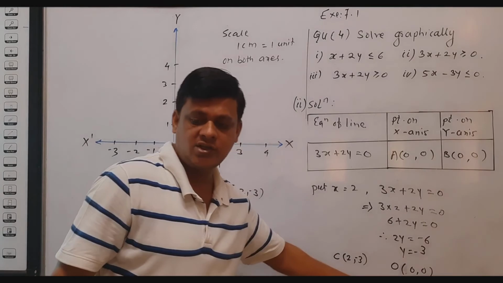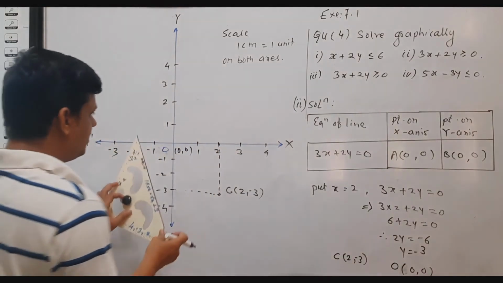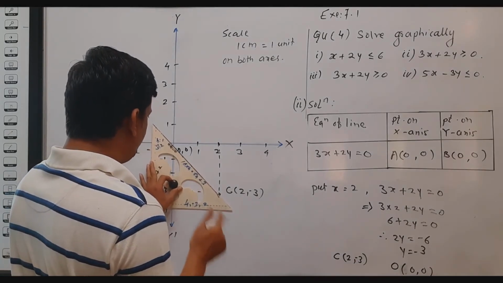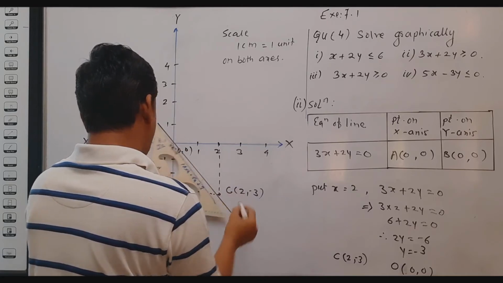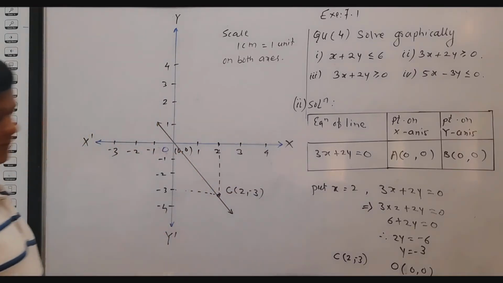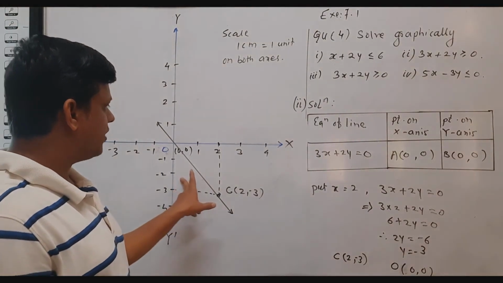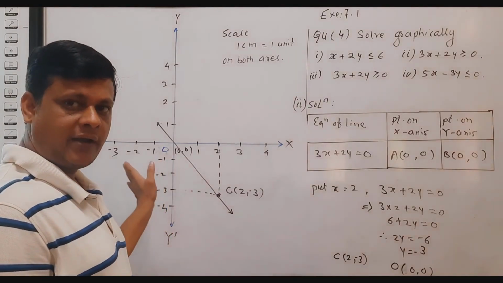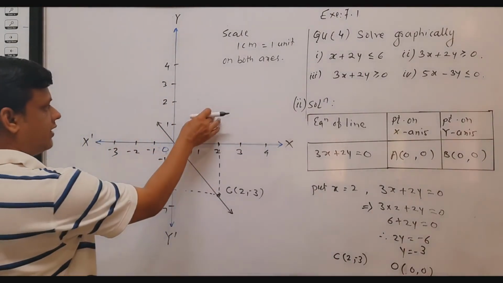Another point is the origin. So we have to draw a line passing through this point C and O. Now we have to check the solution. For that we have to take a point other than C and O. So we take the point 1, 1.